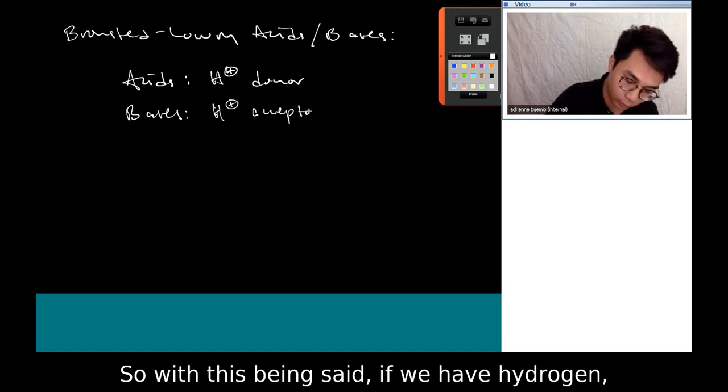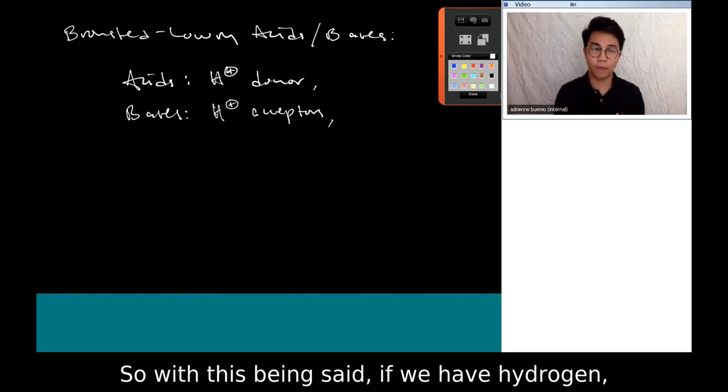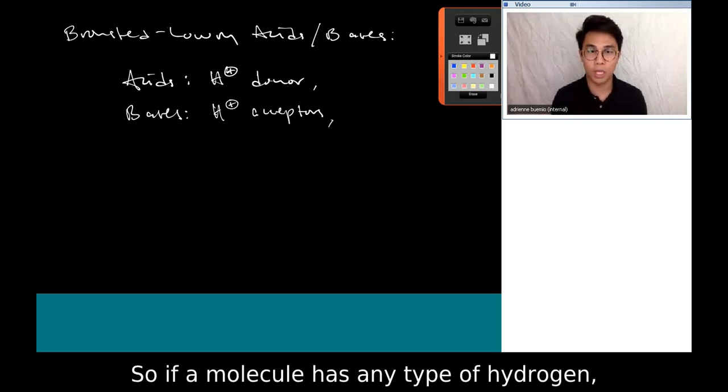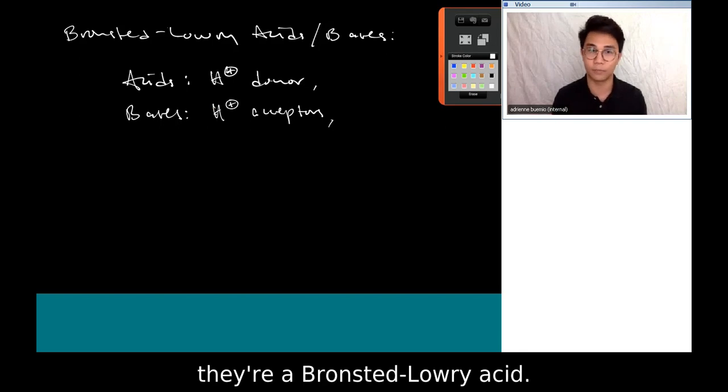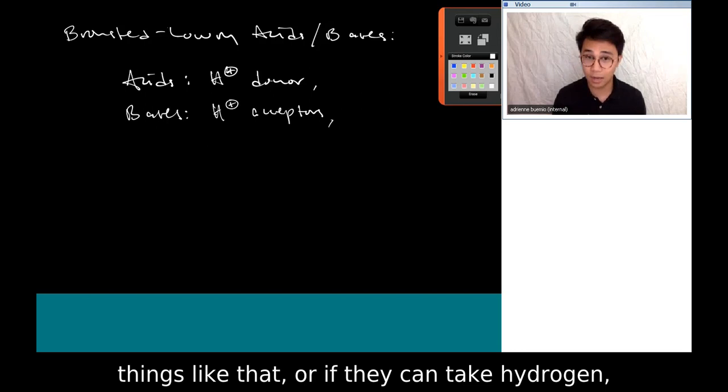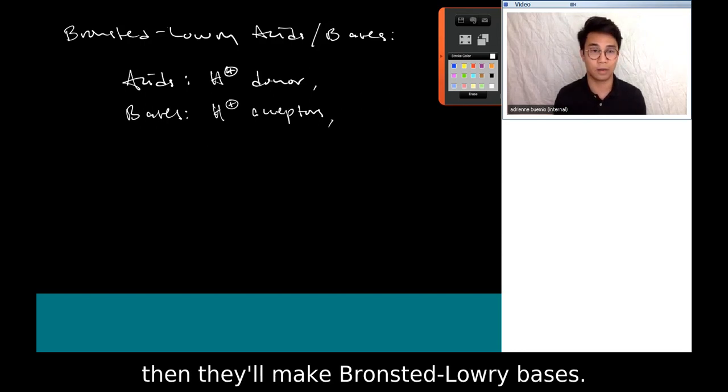So if you're donating hydrogens, obviously you must have hydrogen. If a molecule has any type of hydrogen, it's a Bronsted acid. If the bases are needing some hydrogen, like NH3, things like that, or if they can take hydrogens, then that'll make them Bronsted bases.